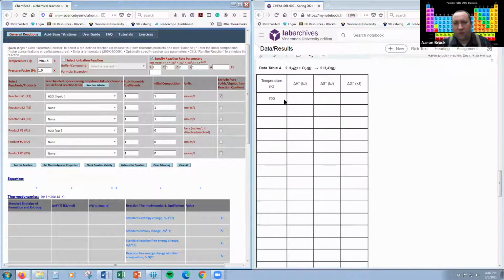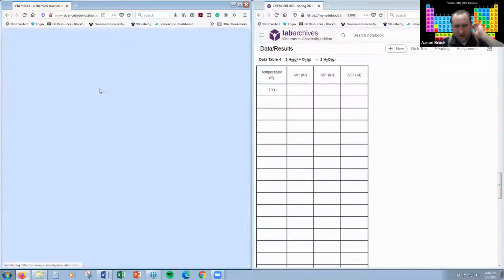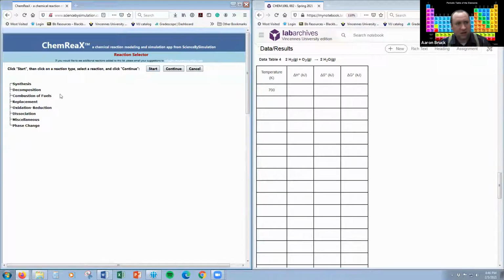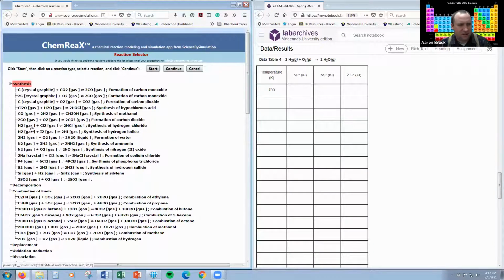And then the fourth and fifth ones, you've got combustion reaction here. So you're going to go to reaction selector, start, and let's try, no, not combustion, synthesis.